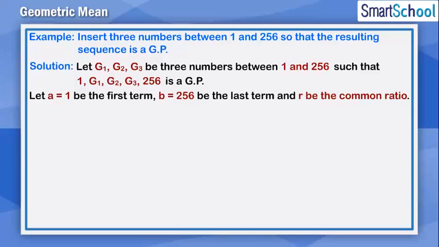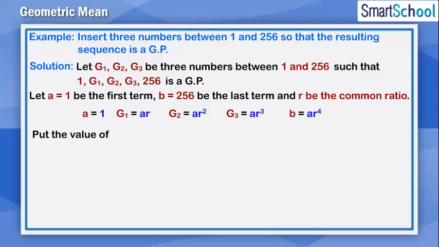So we have a is equal to 1, G1 is equal to ar, G2 is equal to ar raised to the power 2, G3 is equal to ar raised to the power 3, b is equal to ar raised to the power 4.